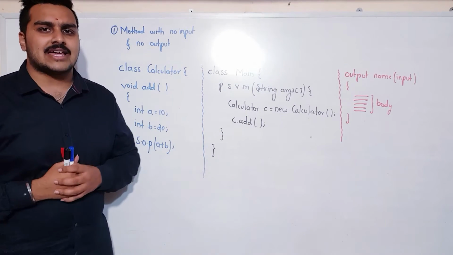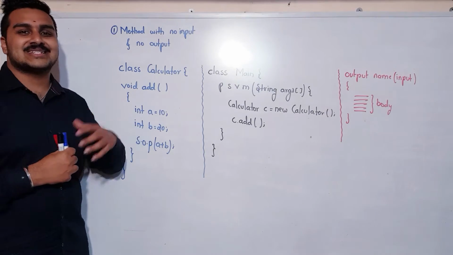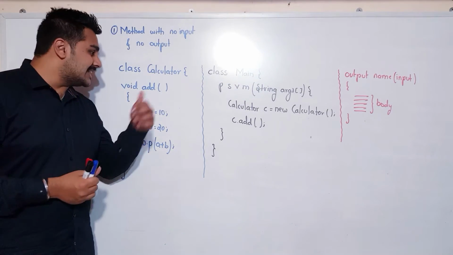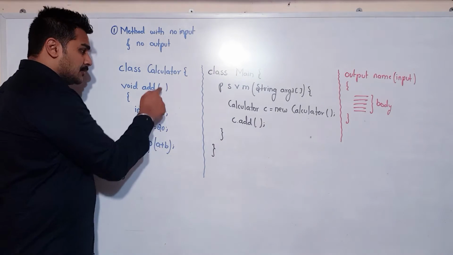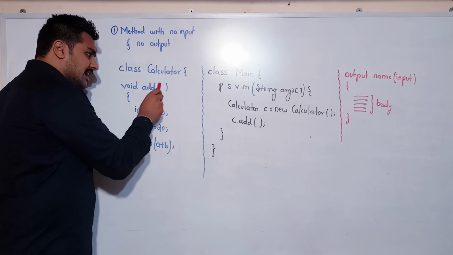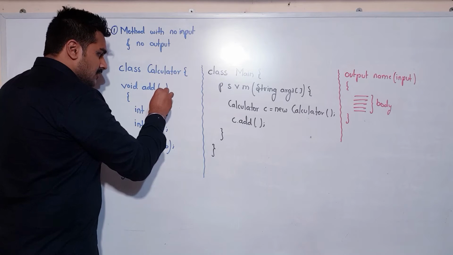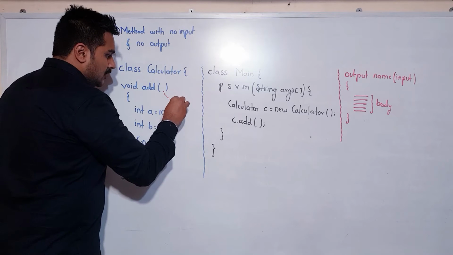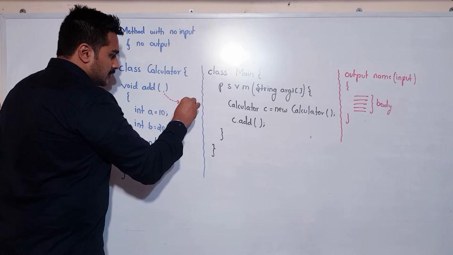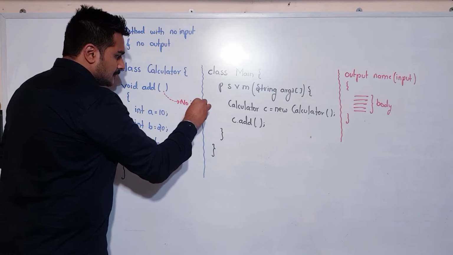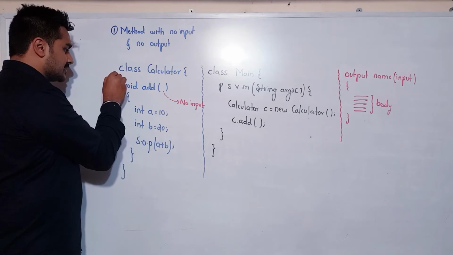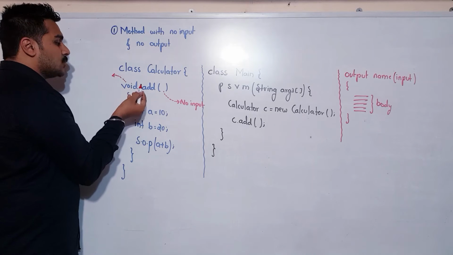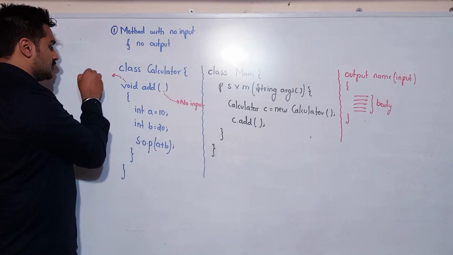How many methods are there in this program? Only one method is there. Look at that method carefully and tell me, where is the input? Input is here. Do you have any input here? No. So here I am saying no input. And what is the output? This is the output. Void means what in English? Nothing. Nothing means no output.